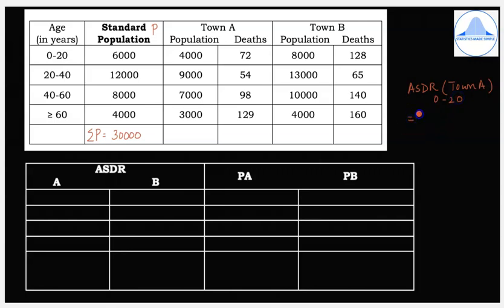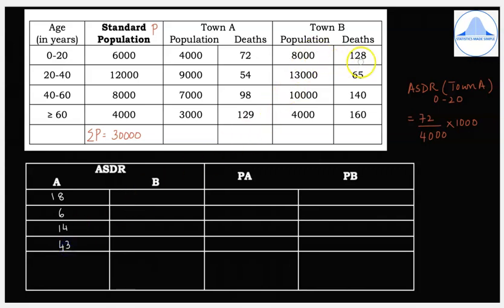The formula will be 72 divided by 4000 into 1000. If I simplify, I will get the answer as 18. Similarly, every death is divided by the population into 1000 for a particular town to get the ASDR values. The next one here is 6, then we have 14, and then we have 43.